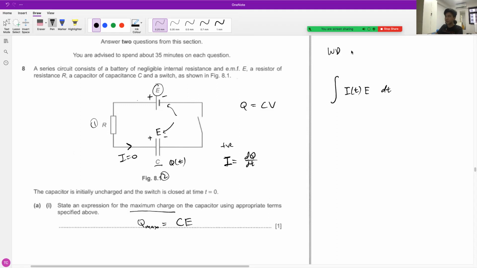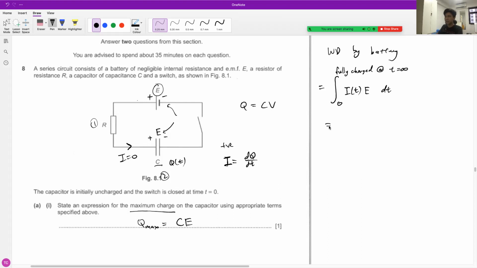So the work done by the battery equals this thing from time t equals 0 to the time when it's fully charged, which I'll just say is at time t equals infinity.